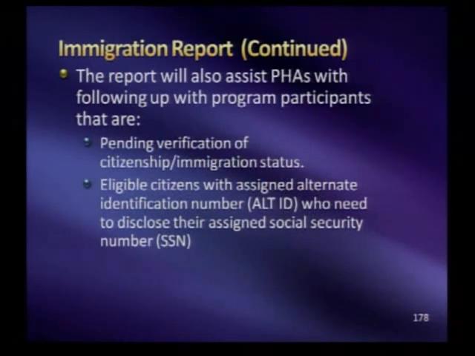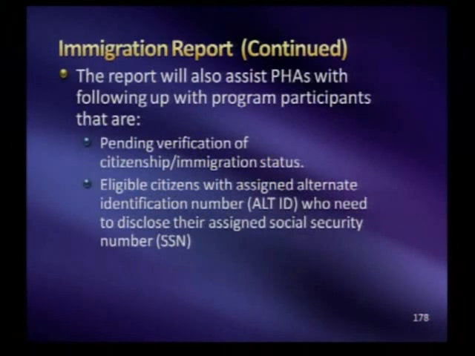Also, you may have eligible citizens or eligible non-citizens where you have generated an alt ID. You will be able to follow up with these folks to say, hey, by the way, you're an eligible citizen or an eligible non-citizen, I need your Social Security number. And remember, under the new regulation 24 CFR Part 5, Section 216, all individuals are required to disclose their Social Security number.